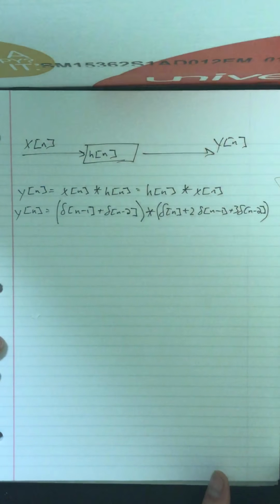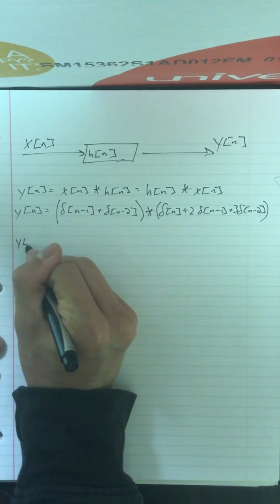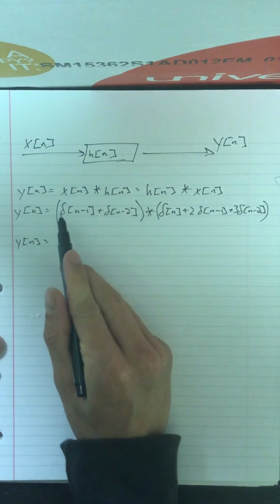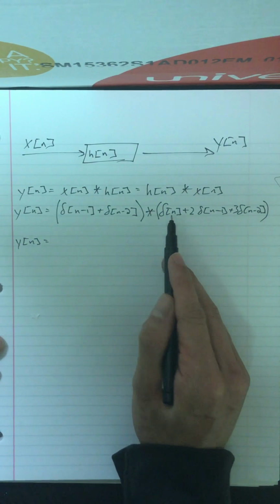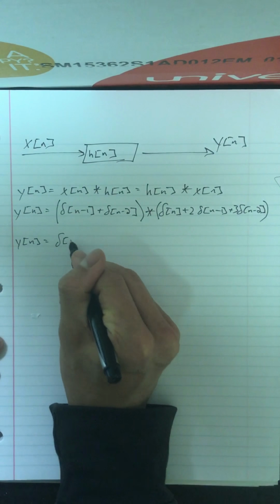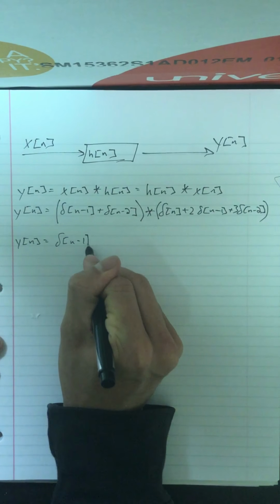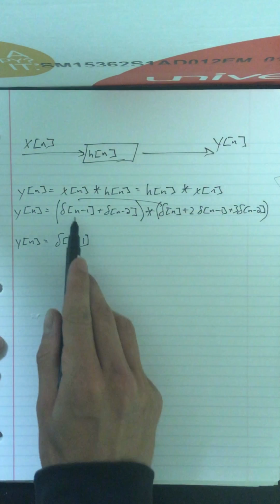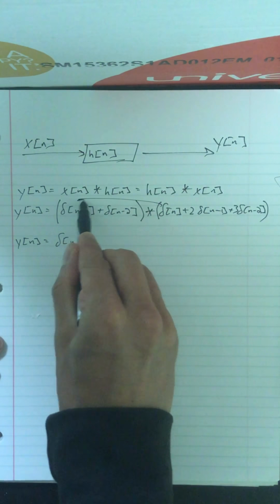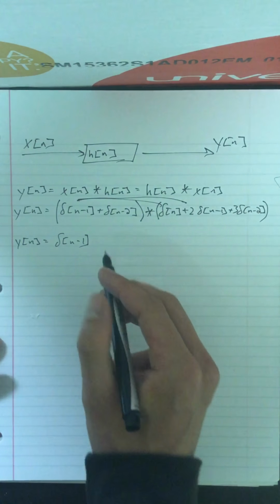All right, so delta of n minus 1 convolved with the delta function. Delta of n minus 1 convolved with 2 times delta of n minus 1.